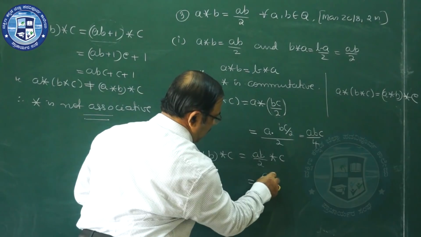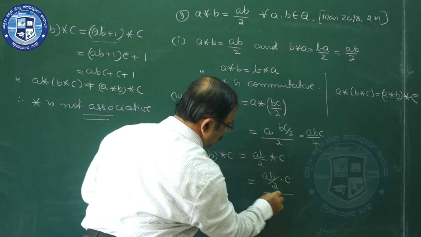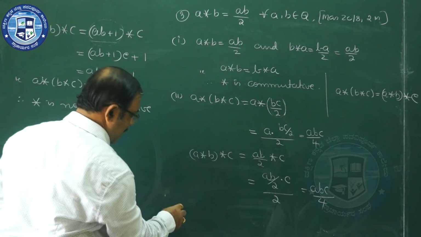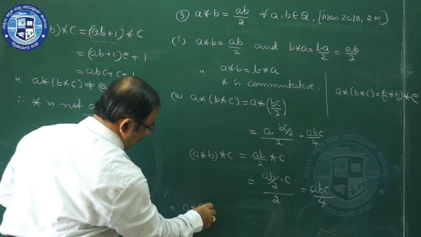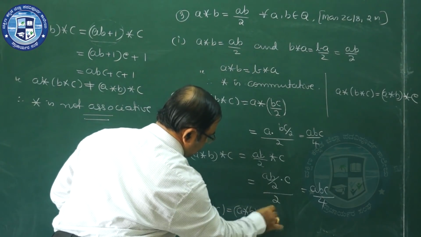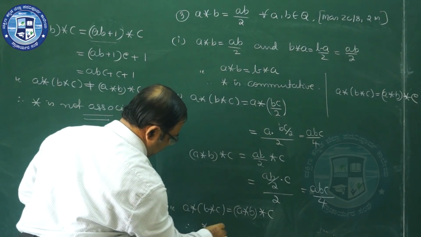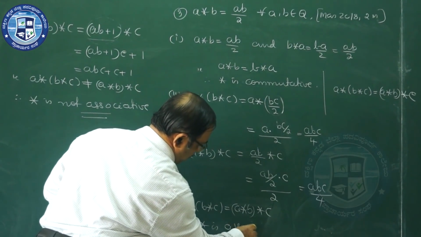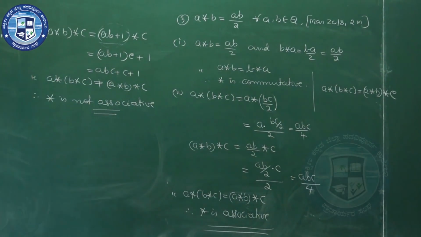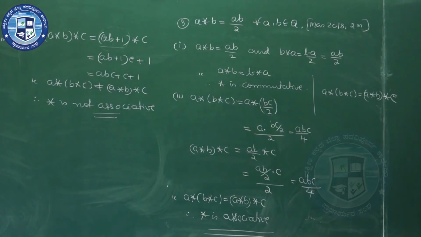What is that? AB by 2 into C by 2, ABC by 4. That is A star B star C equal to A star B star C. Therefore, star is associative.